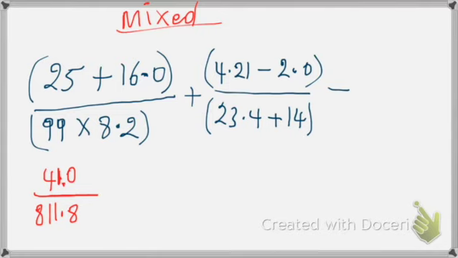Now, what do we do with this? So we look at each one, and we're going to follow the same rules. The first one is addition, so we count the number of decimal places. The first one has no decimal place. The second one has one decimal place. So the answer should have how many decimal places?